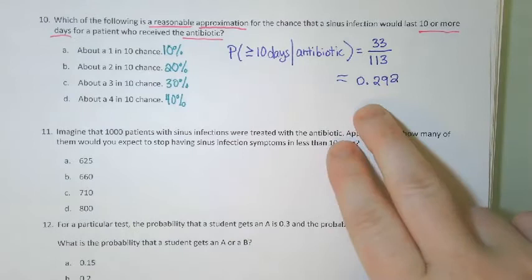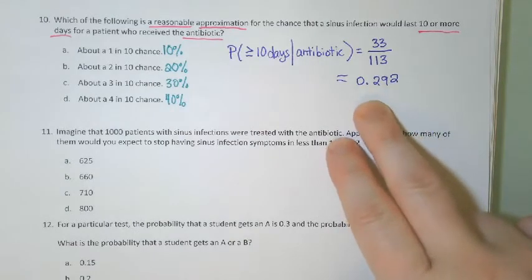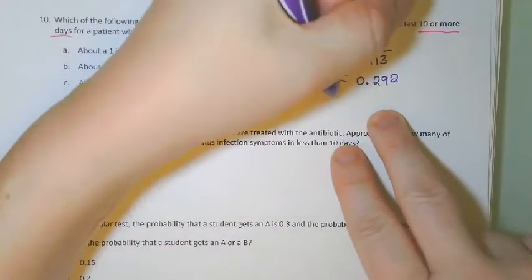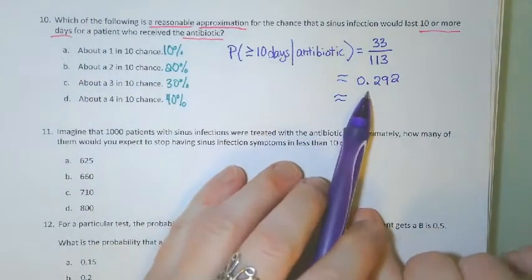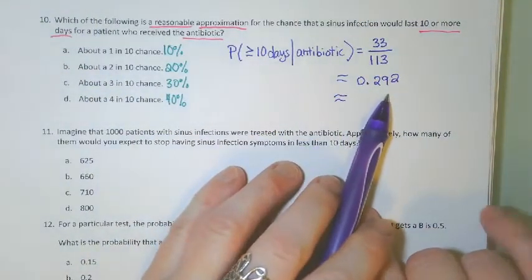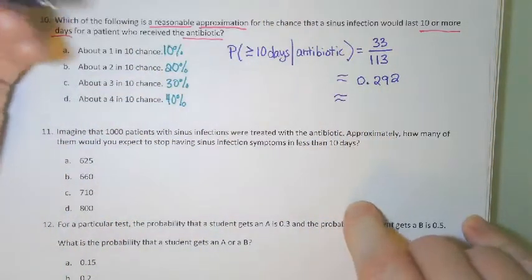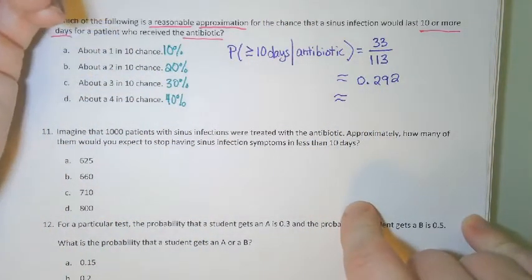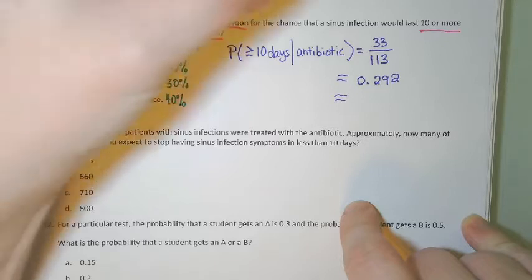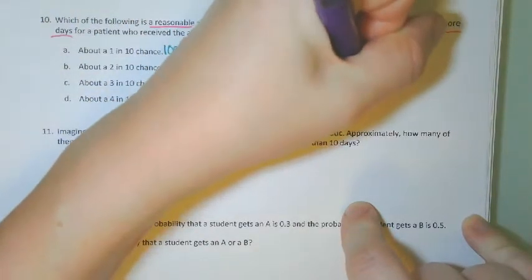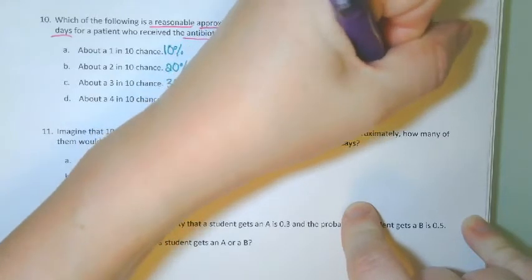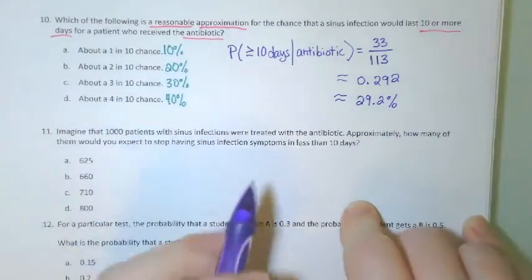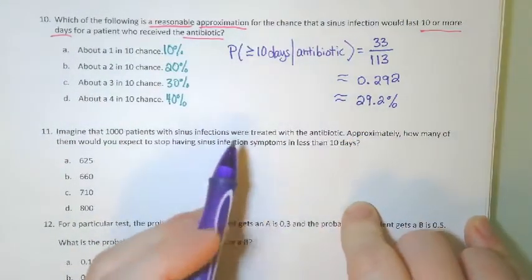And again, if I wanted to express that value as a percent, I would just multiply by 100 or move the decimal places 2 times to the right. So a probability of 0.292 would be equivalent to 29.2%.